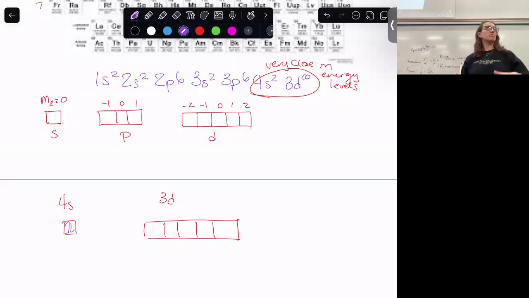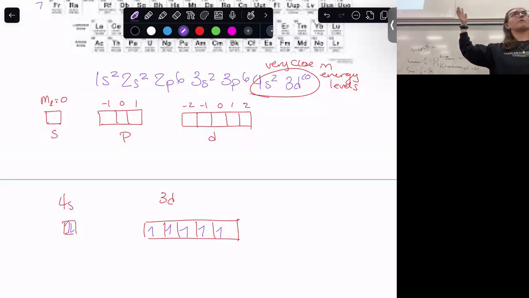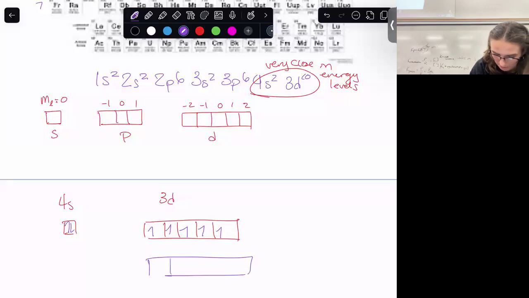But my teacher in high school called this the college roommate rule, right? If you could have your own room, you're gonna have your own room, right? Most people wouldn't pick to live with a roommate. So your electrons are gonna do the same thing. They would prefer to have their own room, their own orbital that they're in by themselves. Only once they have to pair will they pair. They're not going to pair like that. They don't have to, they won't.